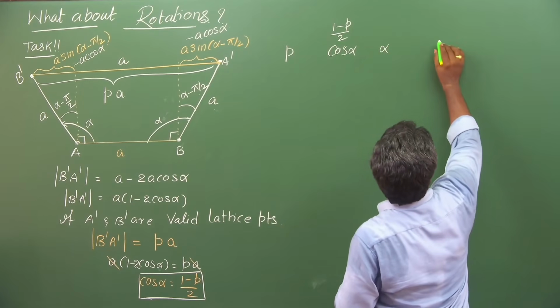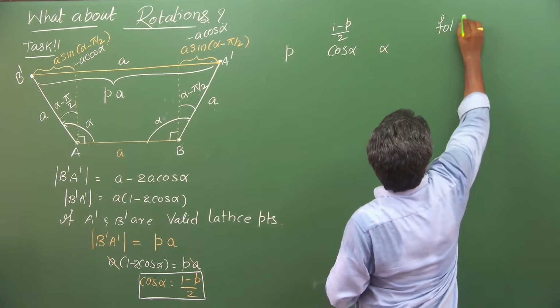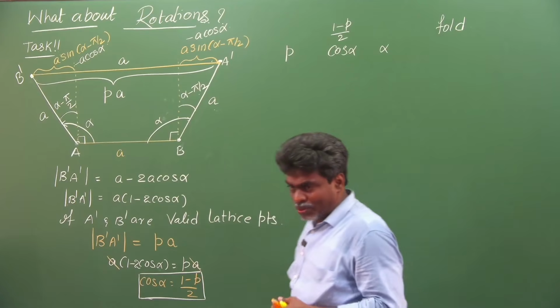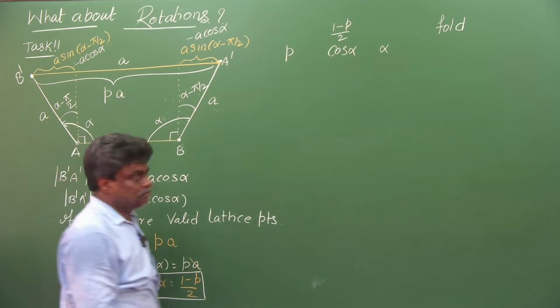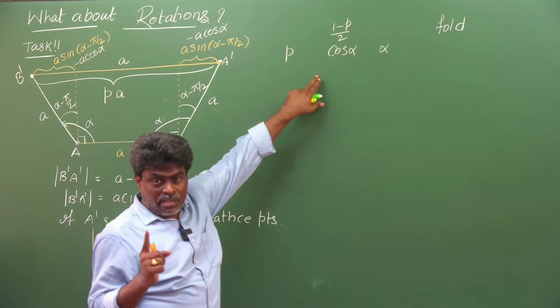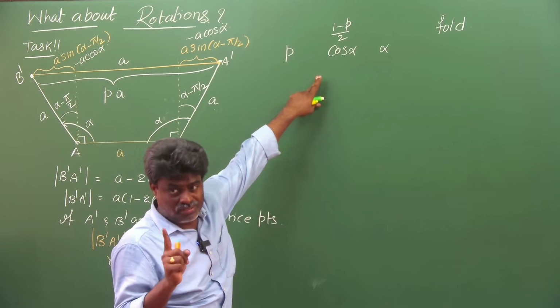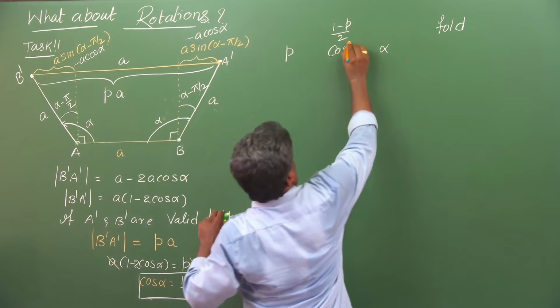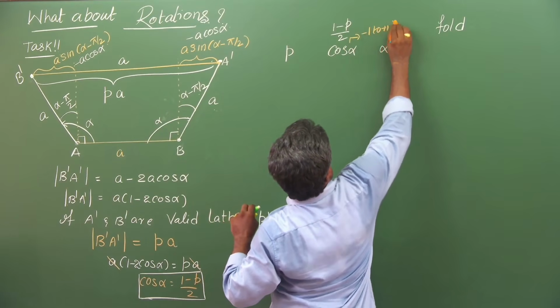Then after that I will define the fold. 1 fold, 2 fold, 3 fold. I will tell you what that is. Don't get tension. Are you ready? One thing is very clear. Cos alpha value always lies between minus 1 and plus 1.